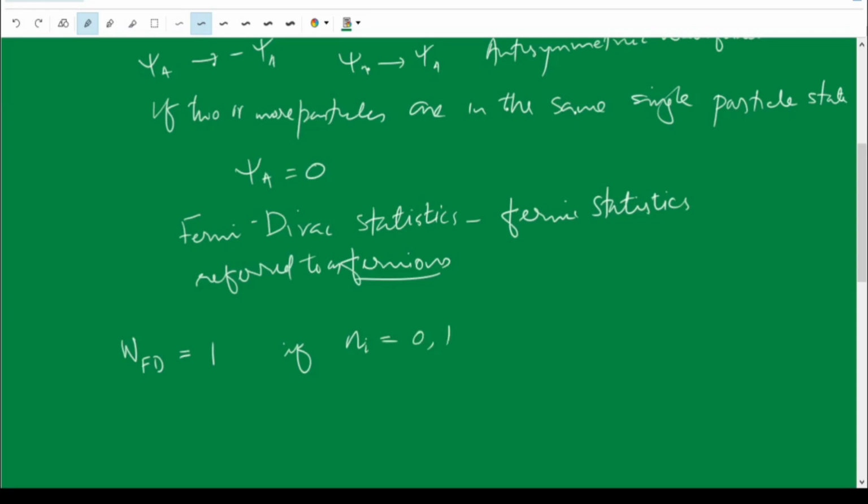That means the maximum occupation is 1. In each state there can be 0 particles or 1 particle, never more than 1. If so, the weight factor of the distribution set Ni is equal to 1. We can write it in this way.